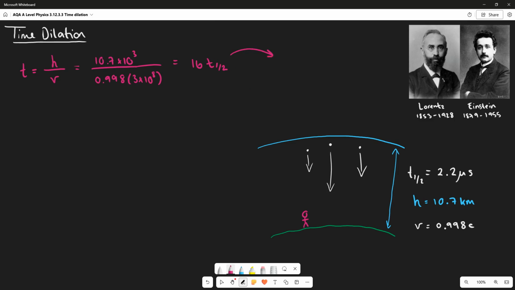That means that the number of muons that are arriving at the surface is less than 0.01% compared with the number that were created.